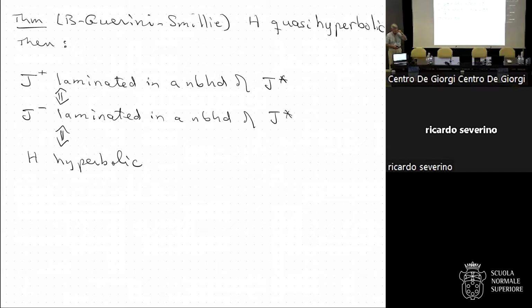Like the basin of an attracting point? That's a good question. I would like to know. It's not that I did not think about it. It's more that I couldn't give you a good answer. That would be very interesting.